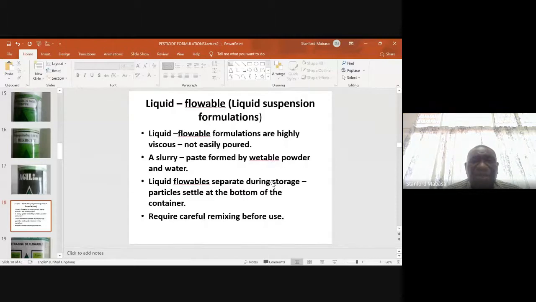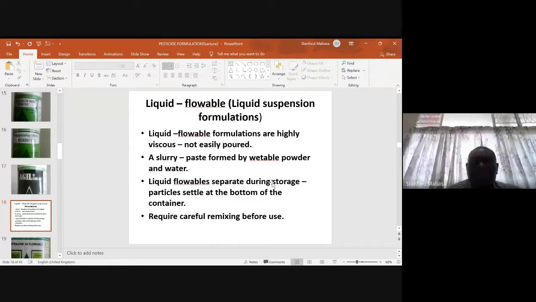Now we're moving on to liquid flowable or liquid suspension formulations. From my experience, when you are dealing with the liquid flowable, these are very difficult to use sometimes.